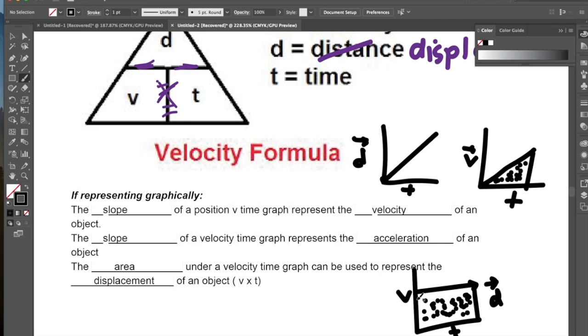If you think of a rectangle, the area is length times width, and in this case it's the velocity times the amount of time that has passed. So displacement is v times t, which we mentioned before. Displacement equals v times t.